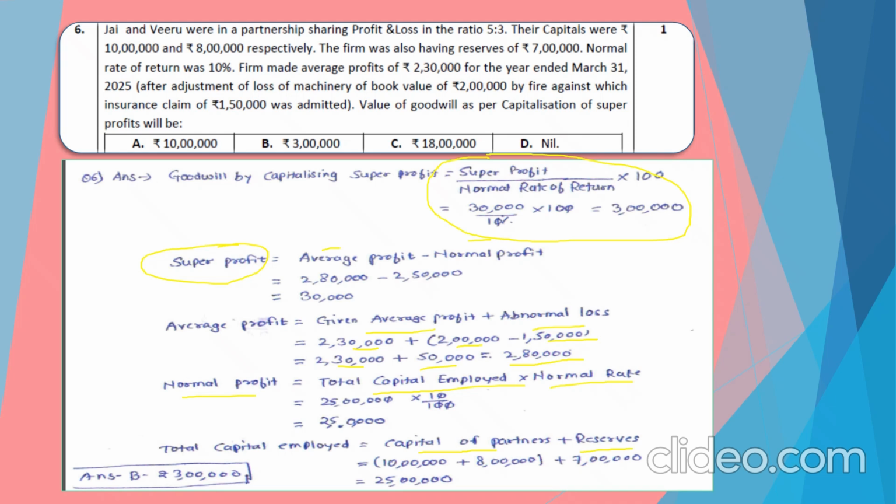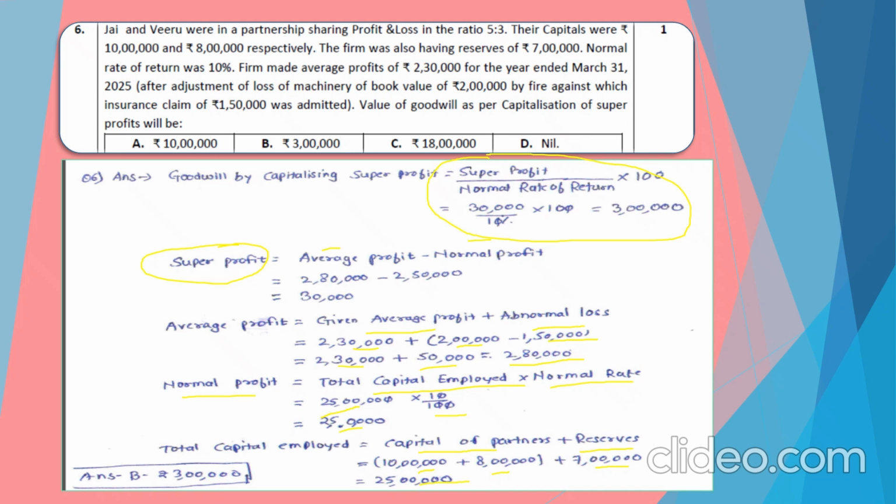The addition of all those will make your total capital employed. So the capitals of both the partners are 10 lakh, 8 lakh, and your reserves are 7 lakh. So in total you have 25 lakh capital employed, right? So your normal profit now is 25 lakh into 10 upon 100, which is 2,50,000.